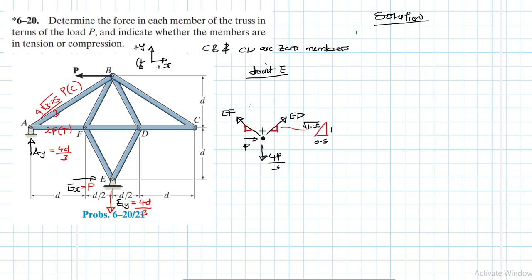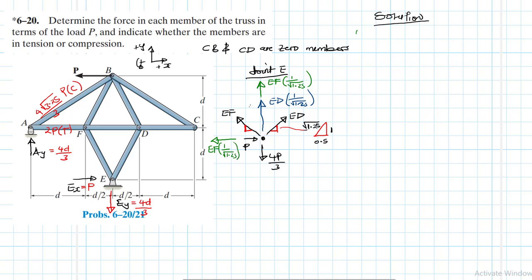So let's draw up the components. We're going to have one component there, which is ED by 1 divided by root of 1.25. Okay, and then in the same direction, we are going to have a component from EF, which is going to be EF by 1 divided by root of 1.25. And then EF is going to have another component in this direction, which is EF by 1 divided by root of 1.25.